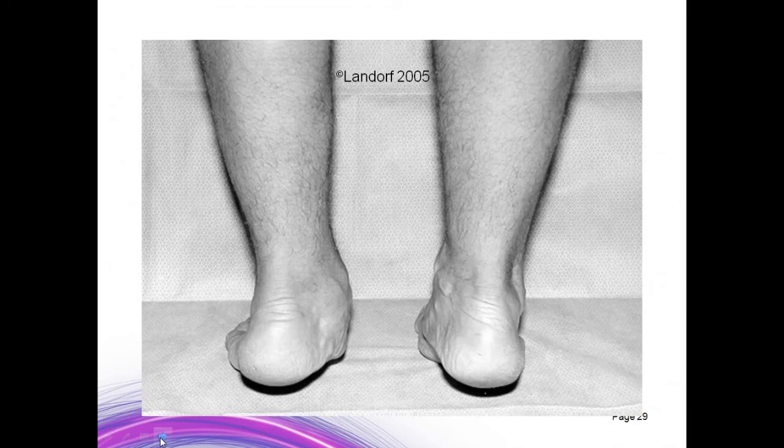Here we have someone doing the heel raise test, and you'll note on the right foot the rear foot is inverting as it normally would, whereas on the left it remains in an everted position. Under normal circumstances, as you rise up onto your toes, the tibialis posterior tendon should contract and invert the foot.